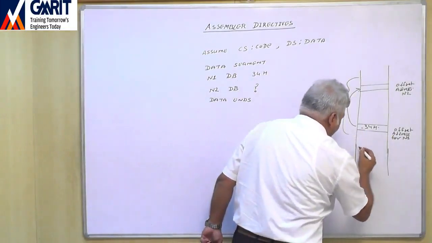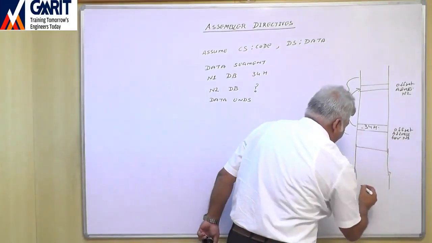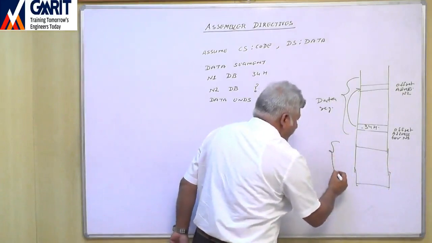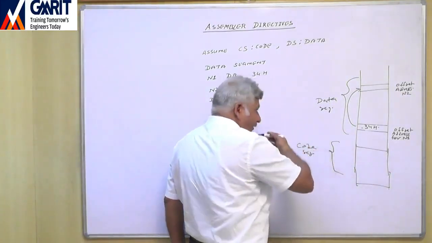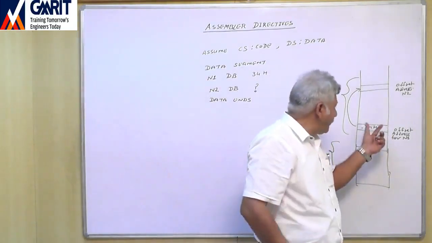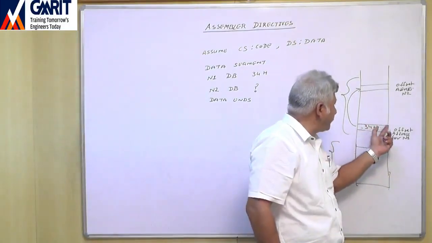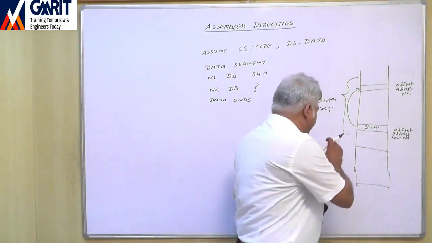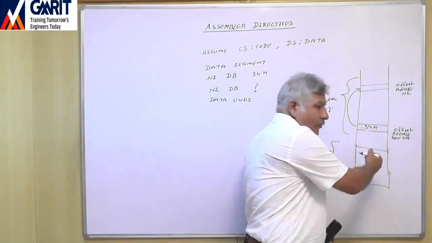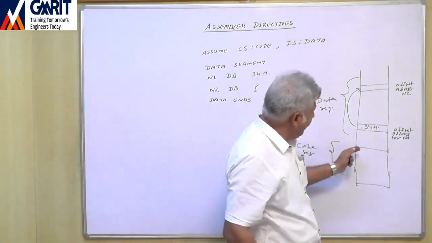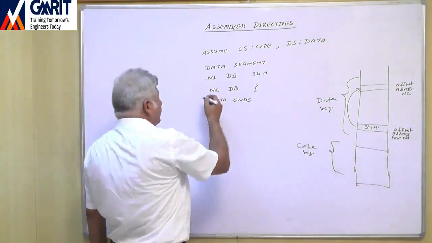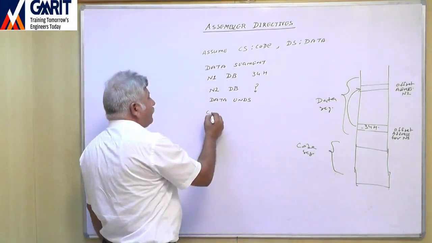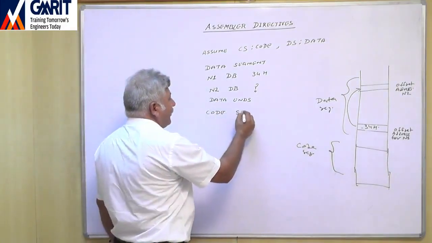Now suppose in this memory, this area is defined for my code segment. So whatever instruction I write to transfer this number from this place to the new place, that code will be stored in code memory, right? And exactly where it will be stored will be defined by the directive. So now I will write the code segment.